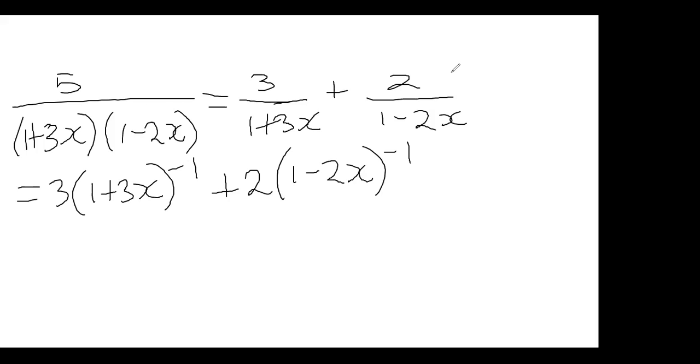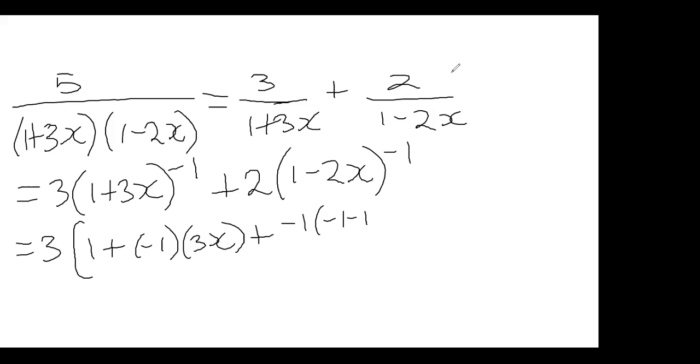So for the first one here, 3, that will give us 1 plus n, which is negative 1, times 3x, then plus negative 1 times (negative 1 minus 1) over 2 factorial, then (3x) to the power 2.